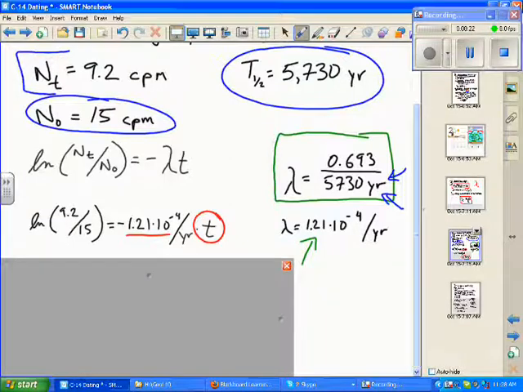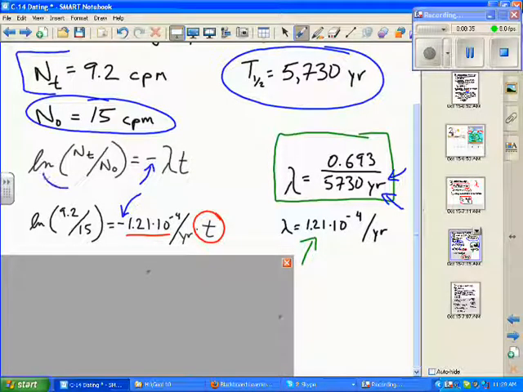So a quick note, first of all, it's very important that you are careful about your signs, positive and negative signs here. Notice this negative sign right here, negative lambda, is really important because the natural log of any value less than 1, a fraction or a decimal, I should say, is always negative. And this ratio will always be smaller than 1, the amount remaining over the original amount.